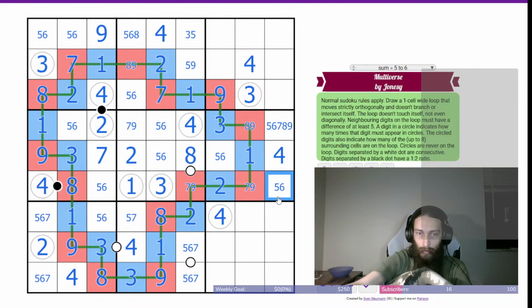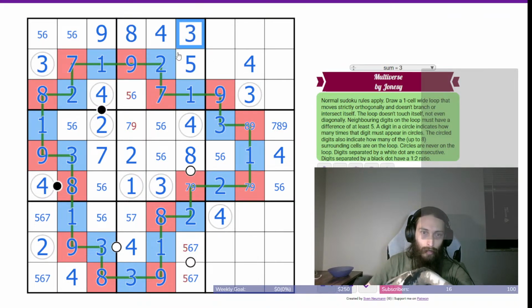7, 9 pair takes 7, 9 out. 5, 6 pair takes that out. 5, 6 pair makes that an 8, a 9, a 5, a 3, a 6, 7, 5, 6.